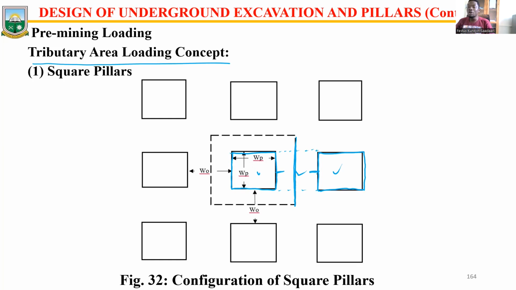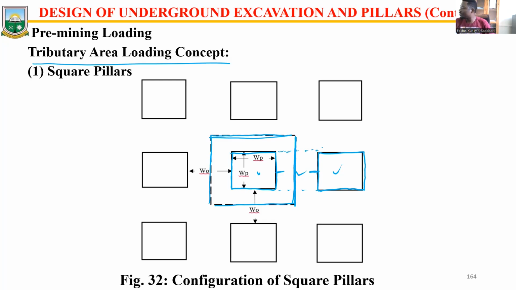Assuming the load between them is 1, these two pillars, one is not greedier than the other, so they will share the load equally. So this pillar here will pick half of the load. When it gets to its left side, it will pick another half of the load from the other pillar on top of it. Pick half of it and then pick half of it here.